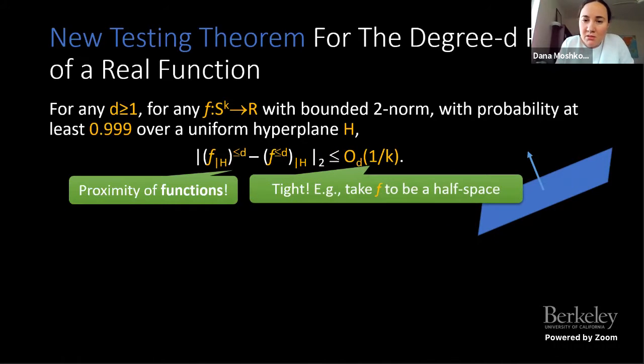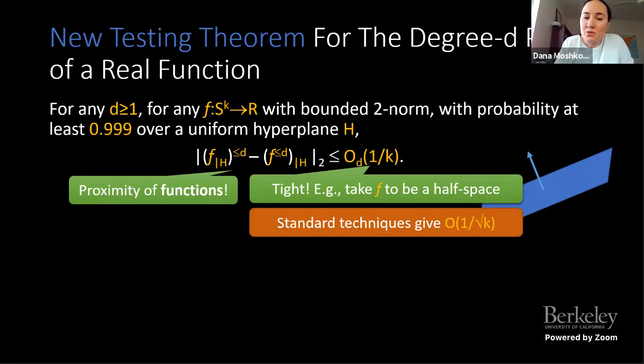Second point to make is about the quantitative results. This is a tight result, right? You can take a function to be a half space and the deviation will really be 1 over the dimension. So you couldn't hope for anything better. I should say, with standard Fourier analysis, Gegenbauer or Hermite or whatever analysis, you can actually prove such a result.